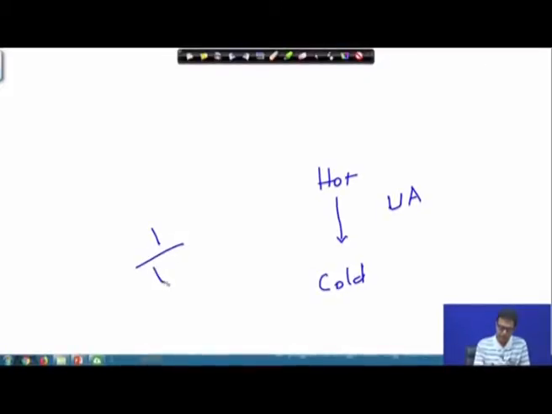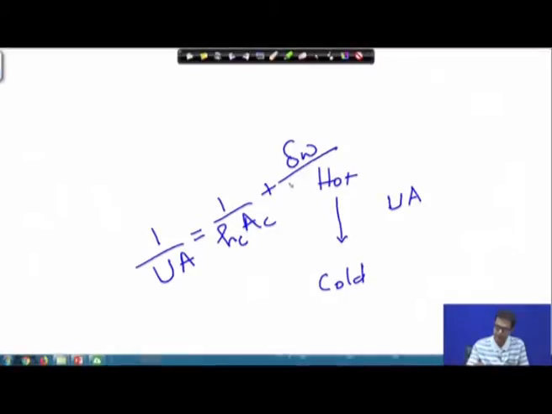So, in a nutshell, we find that this heat transfer from the hot to the cold fluid is limited by something known as the overall conductance UA, or the overall heat transfer resistance. 1 by UA equals, as we said in the earlier one, delta W by A W K W plus 1 by H H A H, and so on.